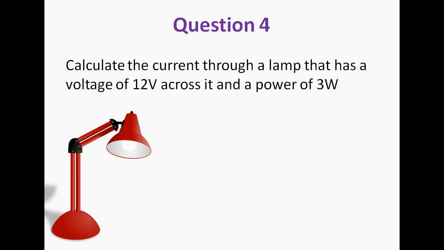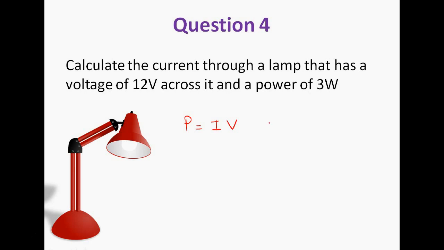In this question, we're trying to find the current I, and we already have the potential difference, 12, and the power of 3 watts. And so we could use the equation P is I times V, and then either substitute in the numbers directly.